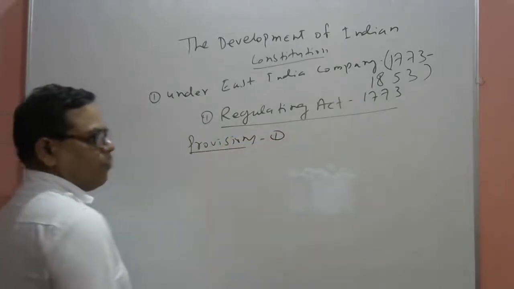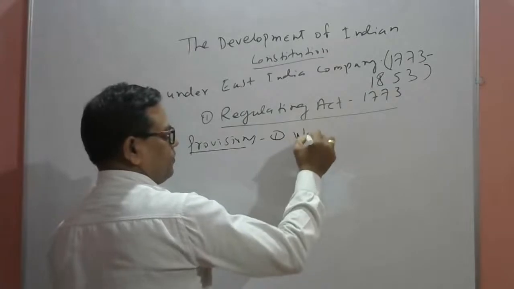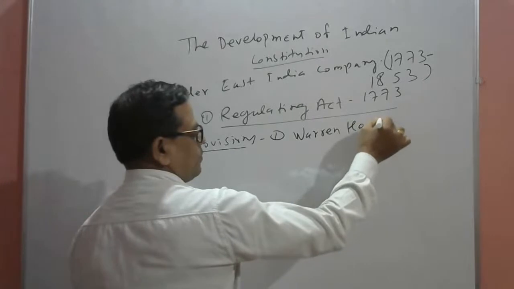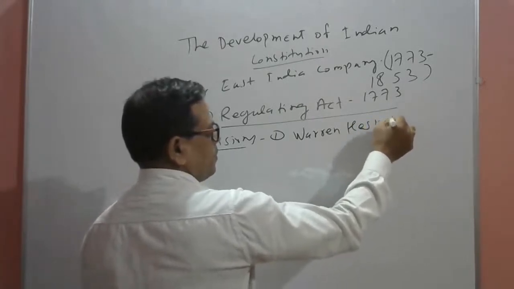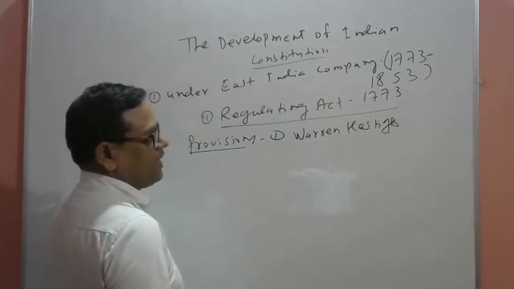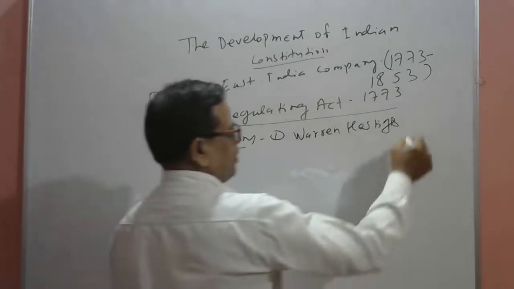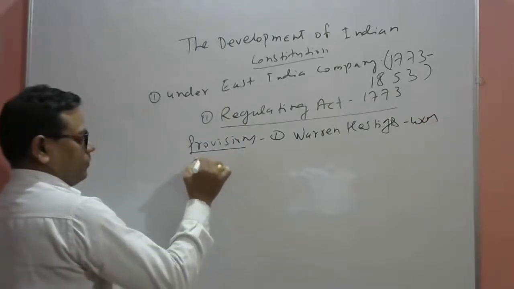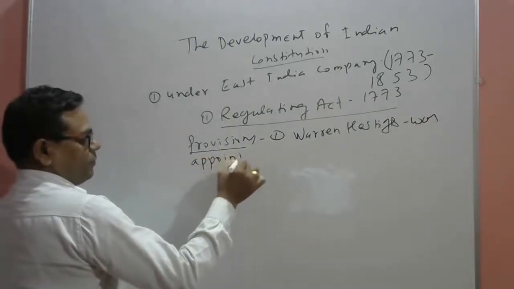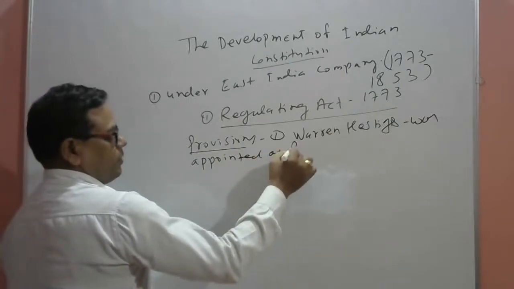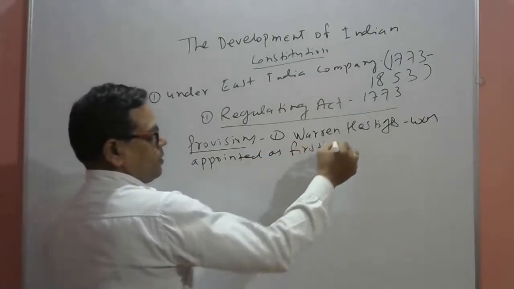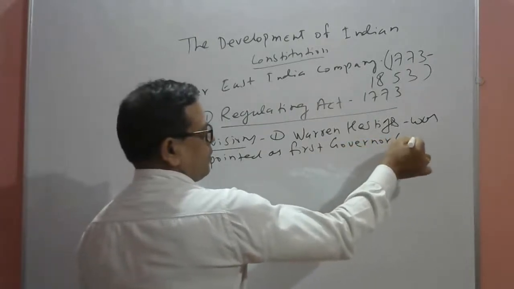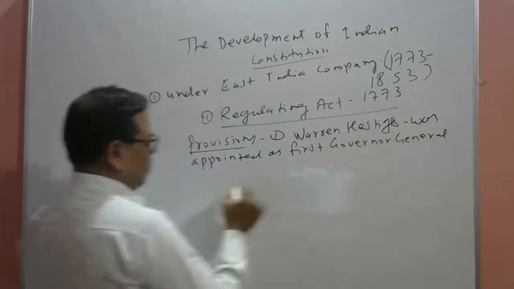First provision, Warren Hastings was appointed as the first Governor General of Bengal.